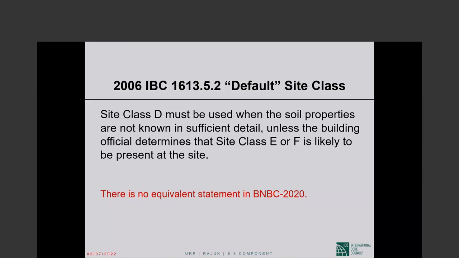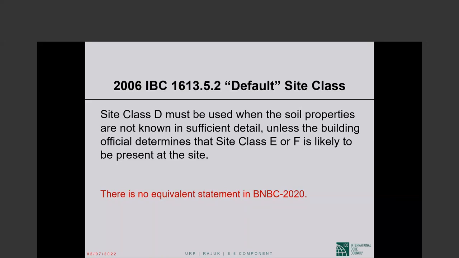And we allow the standard penetration resistance or the undrained shear strength basically because the shear wave velocity is not always easy to determine. Depending upon the place, you may not have a contractor able to do that.